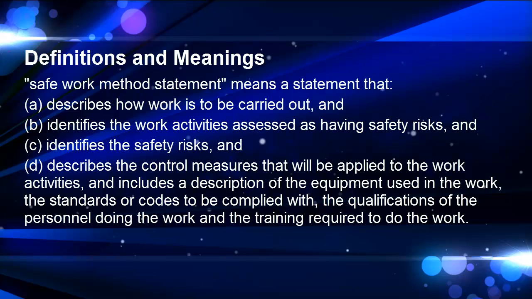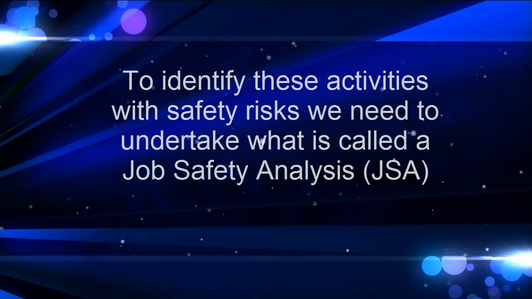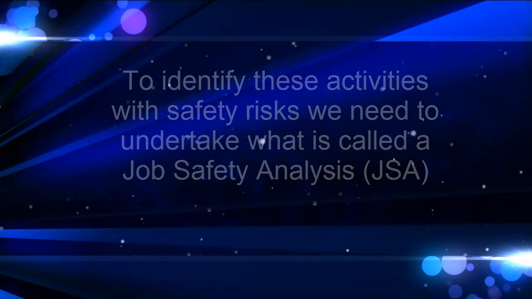It also will include descriptions of equipment as well as standards and codes to be complied with, and qualifications of the personnel doing the work and the training required to do so. To identify these activities with risks, we need to undertake what is called a job safety analysis.